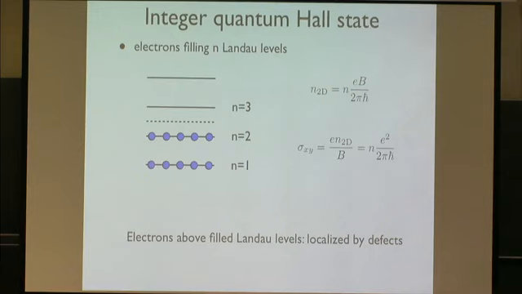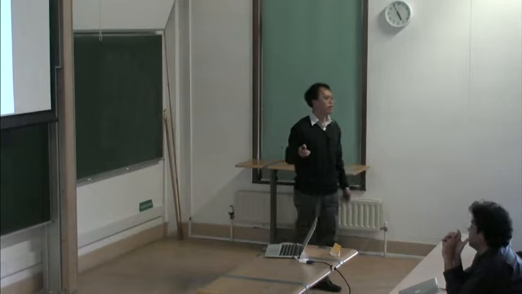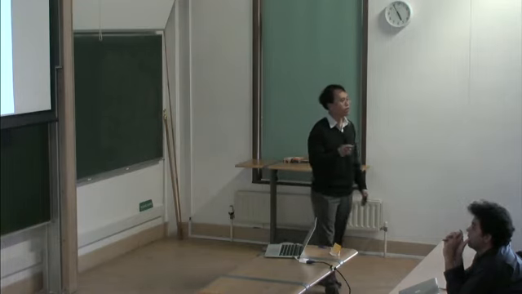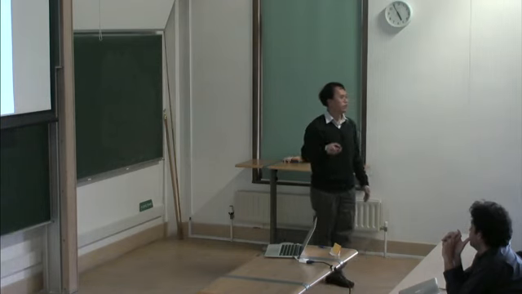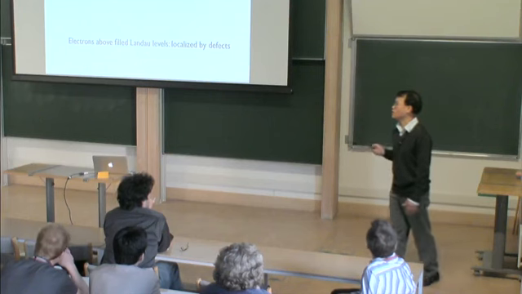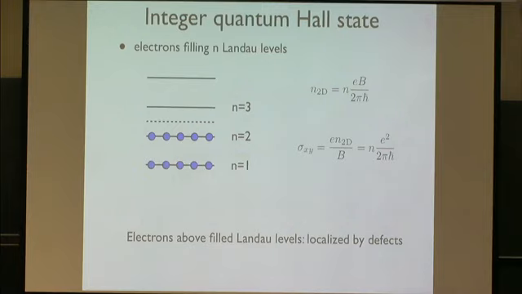Of course, this explanation doesn't tell you why, if we change the magnetic field, some level would be partially filled or partially empty. In order to explain the quantum Hall plateau, we have to understand more the physics of disorder that is beyond the scope of this talk.